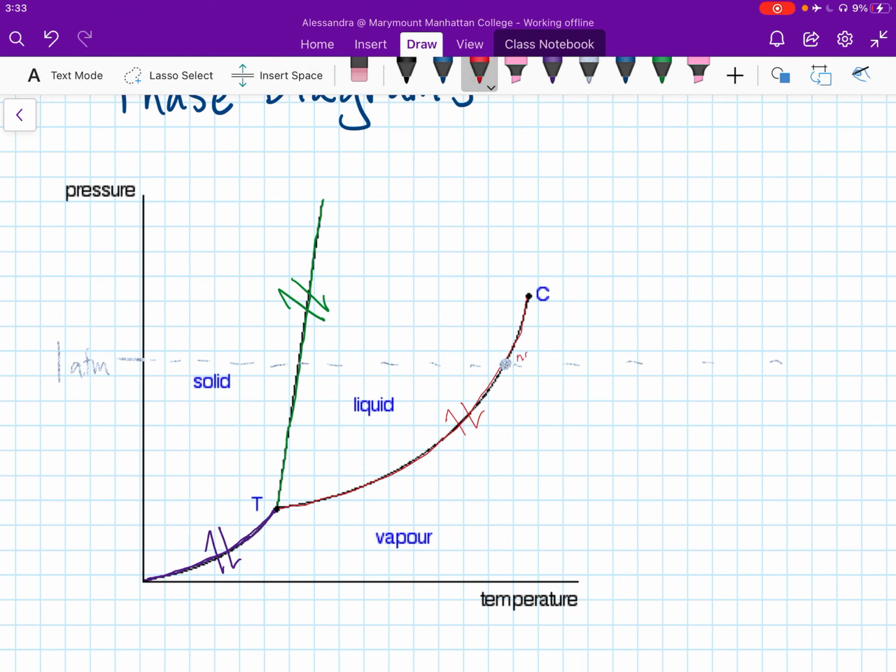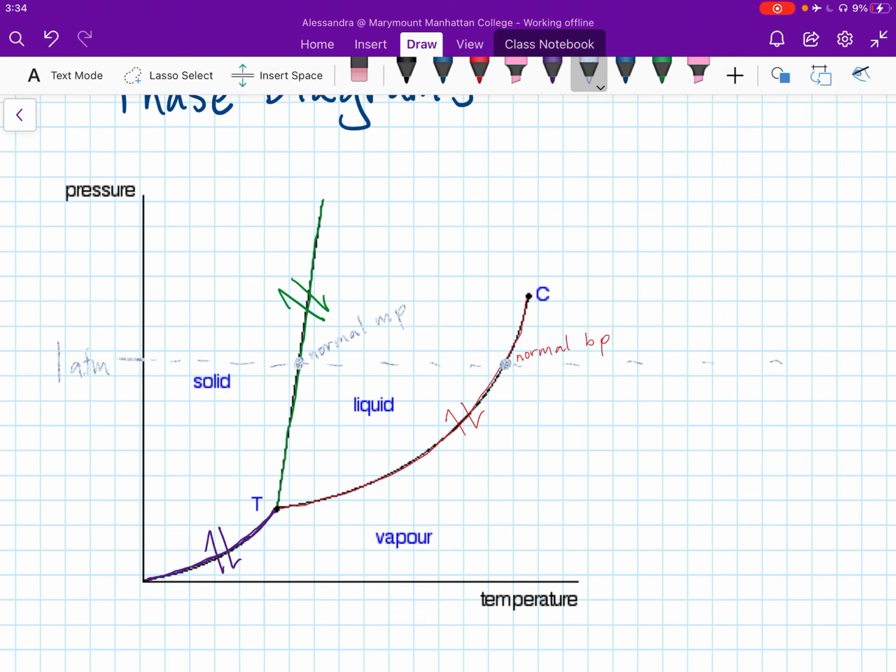Okay, so my normal boiling point would be the temperature where I have the phase transition between liquid and gas at 1 atmosphere. I would also at 1 atmosphere have the normal melting point. Okay, the normal melting point where I have the equilibrium between the liquid and the solid.